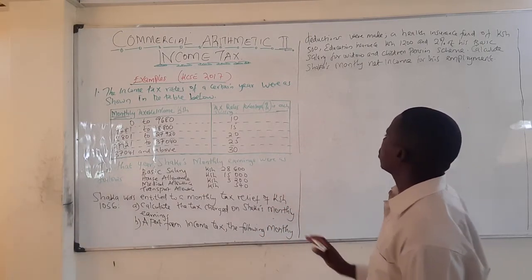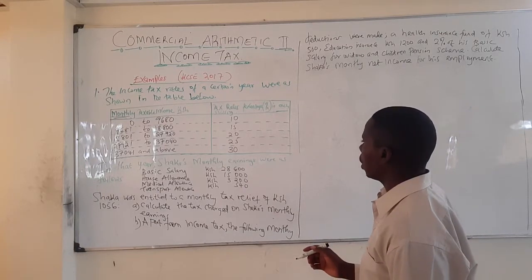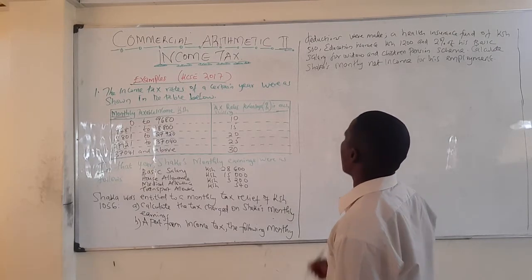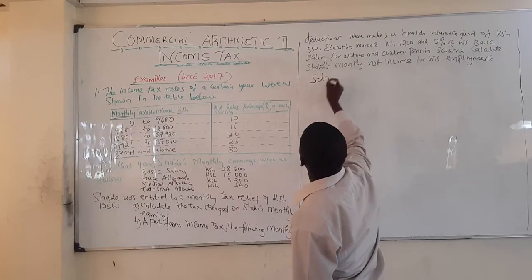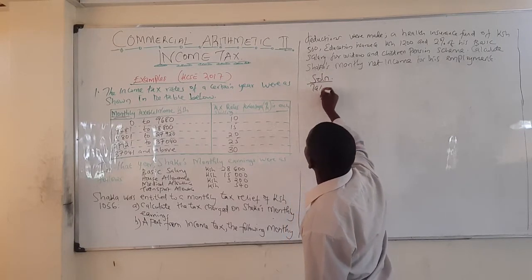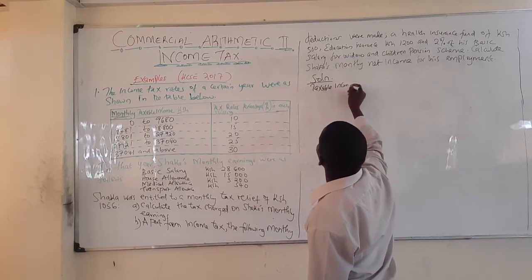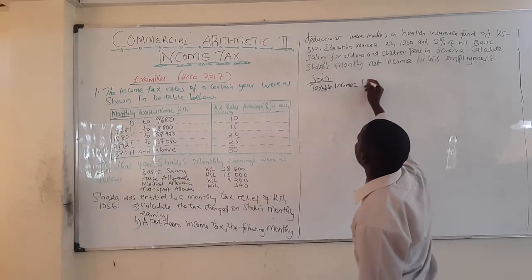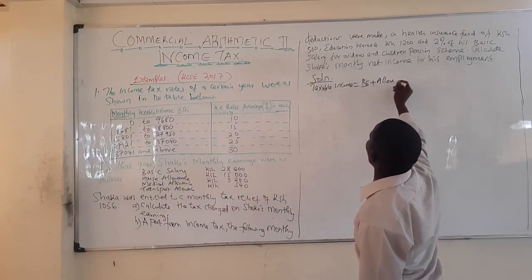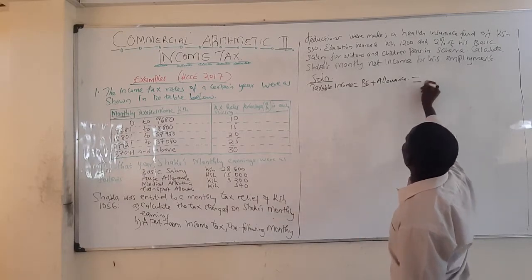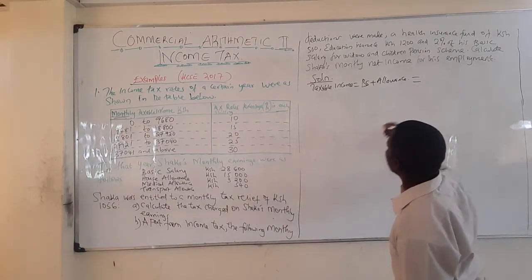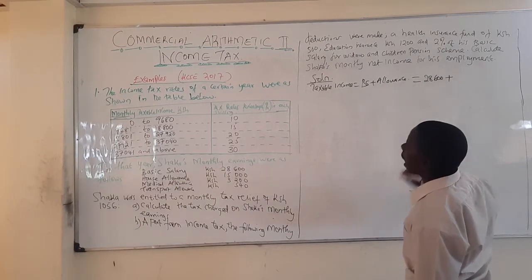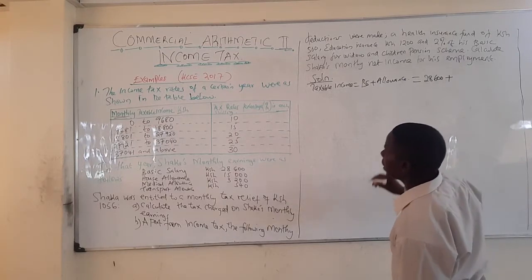Then for us to start answering the question, number one, we need to first get the taxable income. And our taxable income, from our definition, is given by the basic salary plus any allowances that you will be having. In our case, we have the basic salary as 28,600. We add the house allowance 15,000.